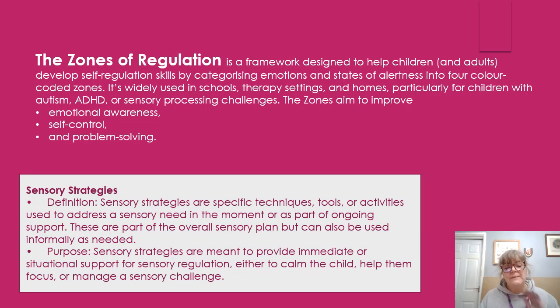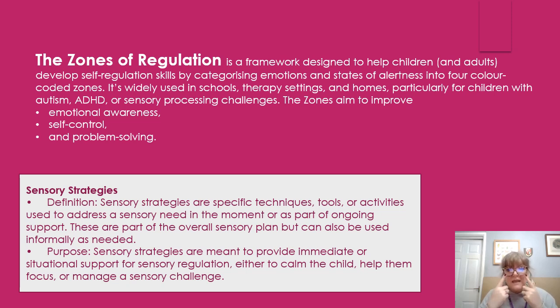So we use the Zones of Regulation, which is a framework designed to help young children and adults develop self-regulation skills by categorizing emotions and states of alertness into 4 color-coded zones. It's widely used in schools, therapy settings and homes, particularly for children with autism and ADHD and sensory processing challenges.